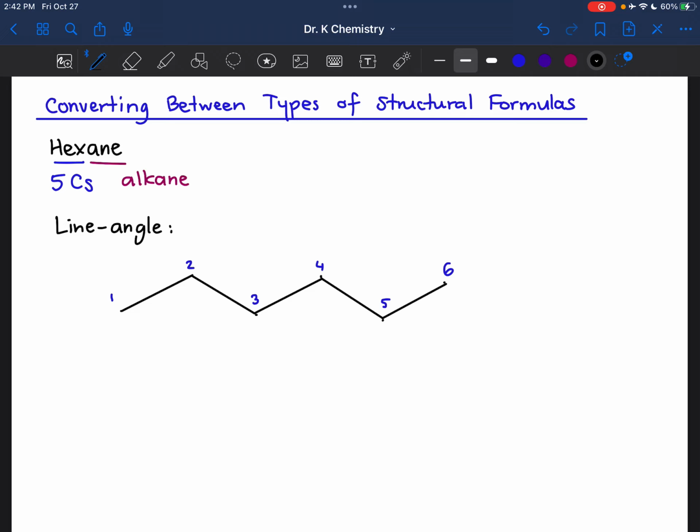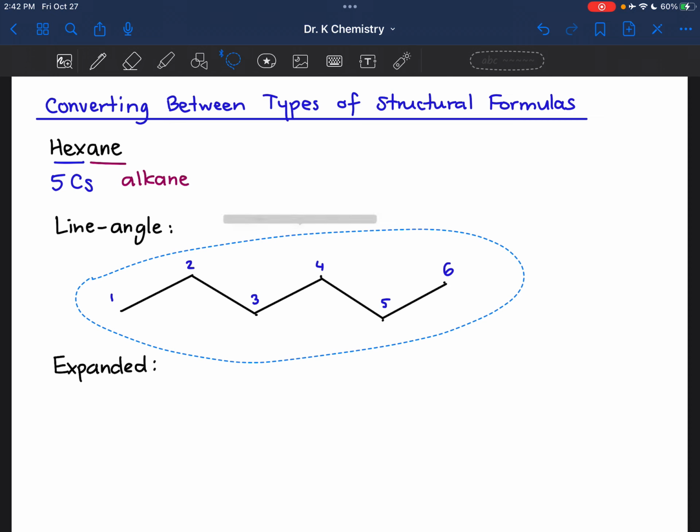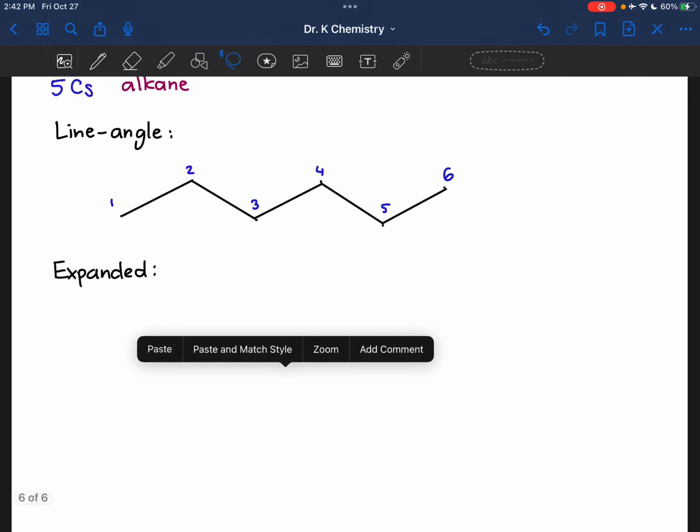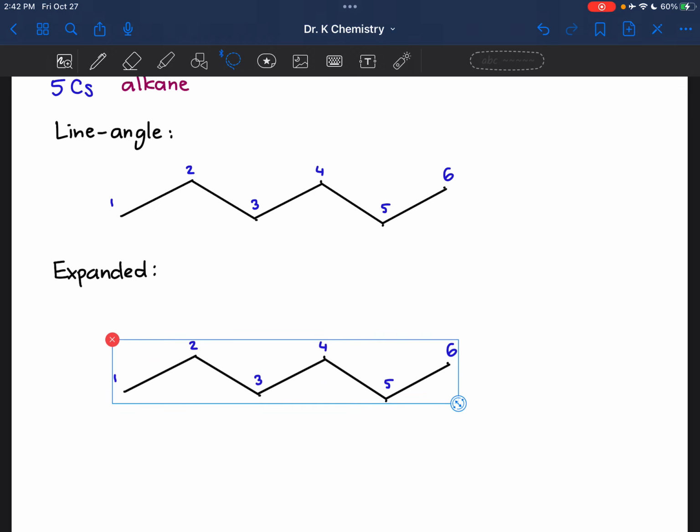Now, when it comes to converting between condensed and expanded formulas, I think it helps to go into expanded first and then collapse it down into a condensed formula. So I'm going to do that next. I'm going to take this line angle structure and expand it out. So I will copy this over. You can draw the carbons right on top of the structure if you'd like.